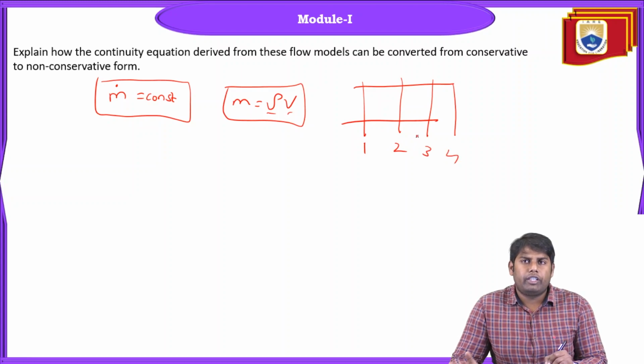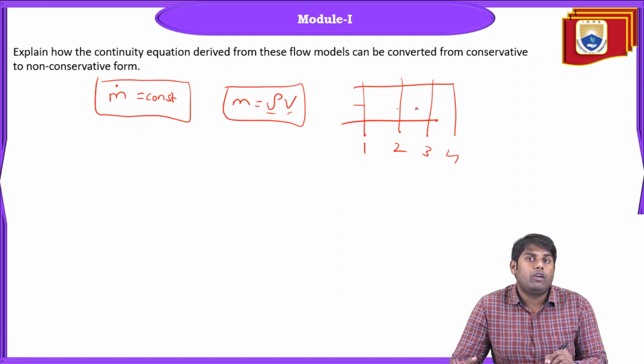At sections 1, 2, 3, 4, the mass flow rate will be constant. Whatever goes inside has to come out. That is the basic entity of continuity.